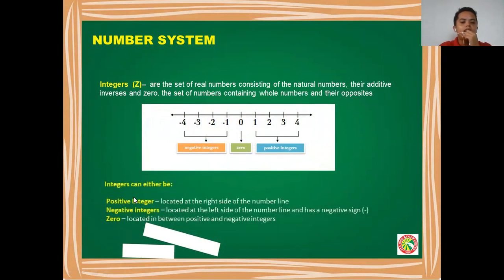Take note that positive integers are located at the right side of the number line. So this is the positive. And the negative integers are located at the left side of the number line, which has a negative sign. And between the two, the positive and the negative, that is 0.